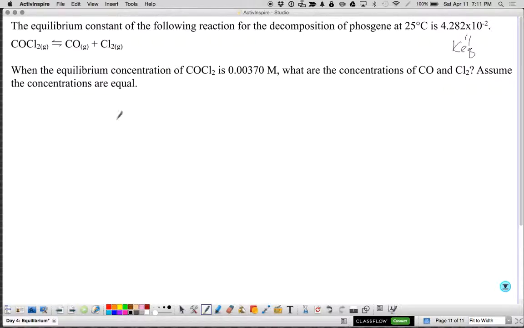So if I write out my equilibrium expression, Keq equals the concentration of CO to the first times the concentration of Cl2 to the first over the concentration of COCl2 to the first.